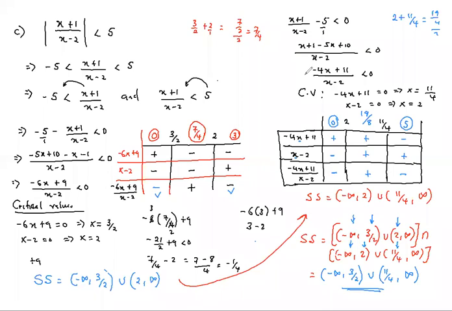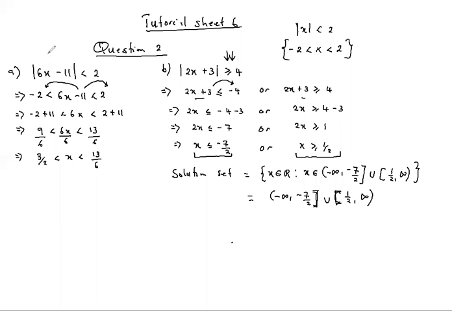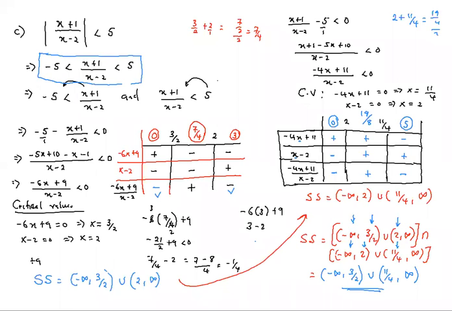The intersection of two sets. Because of this, we get the intersection. In the other case, we got the union because the inequality was like that. So in this case, we want the part that satisfies both.